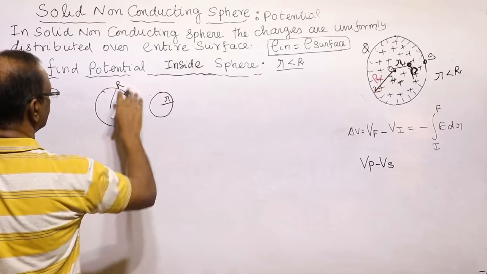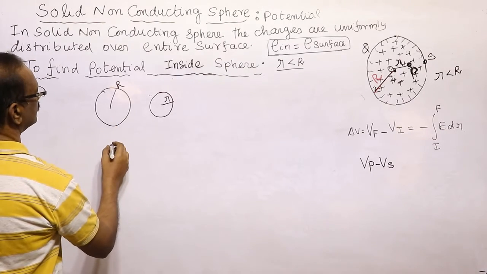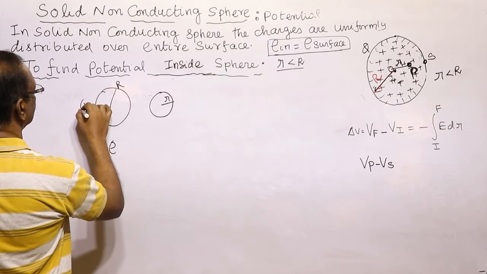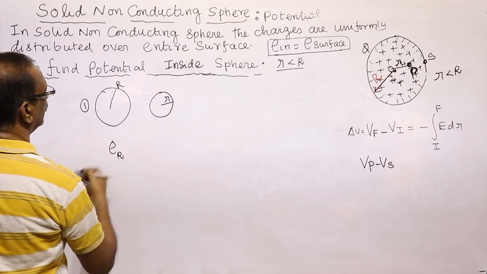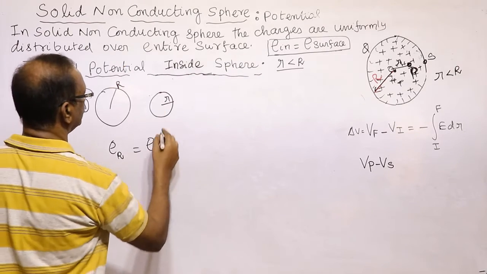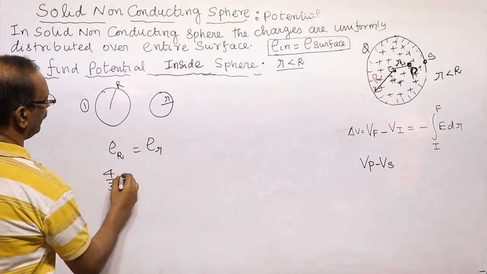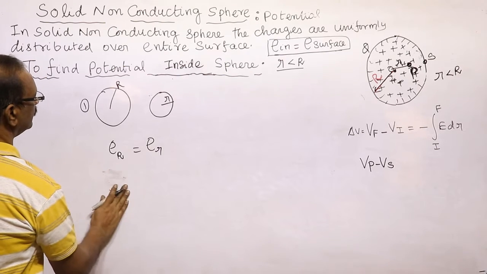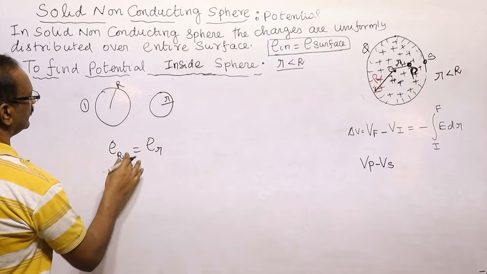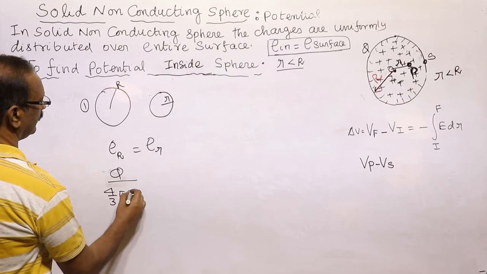Since the charge is uniformly distributed, the volume charge density of the smaller sphere with radius r is equal to the volume charge density of the sphere with radius R. What is volume charge density? Charge divided by the volume, 4 by 3 pi R cube.